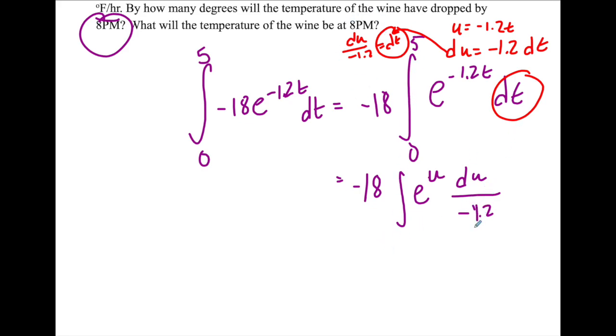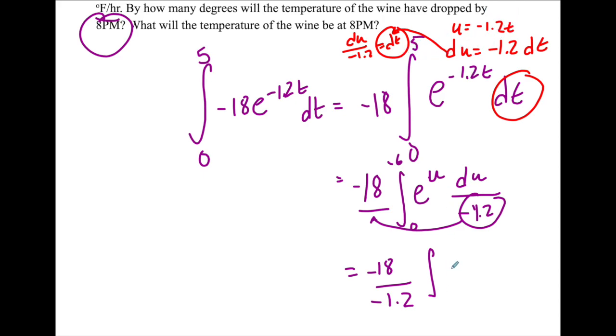Now I'm going to remove this because this is also a constant. I get negative 18 over negative 1.2 times the integral of, now we need to define the limits. This was originally 5 and 0, but because we switched to u, we now need to plug in 5, giving us -6, and plug in 0, giving us 0. Think about that, because if you plug in 5, you get -6 there.